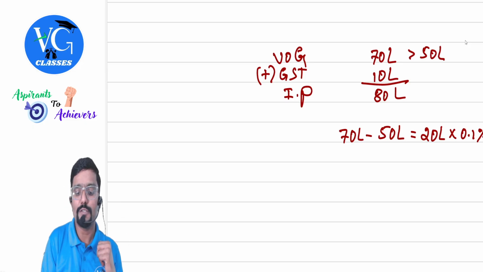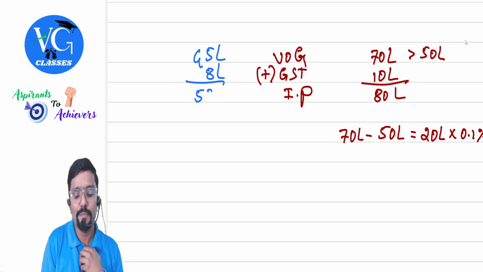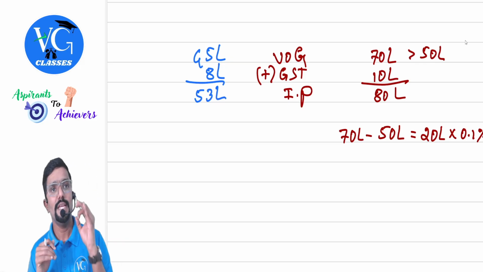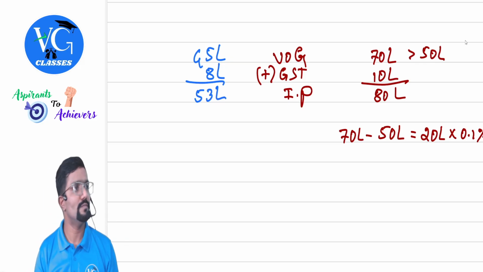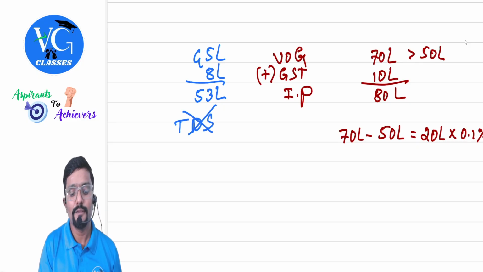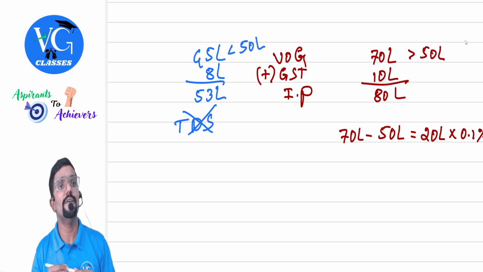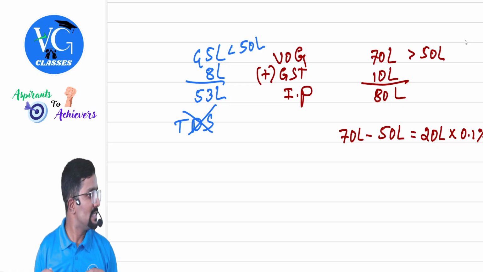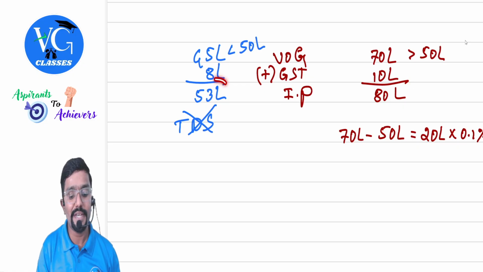One more example. I will take it on the other side. Assume the value of the goods is 45 lakh. GST is 8 lakh. What is the invoice price, people? 53 lakh. Is TDS applicable in this case? No. No TDS. Why, sir? Because 45 lakh is less than 50 lakh. Is that clear? Because students, by mistake, you might take 53 lakh.